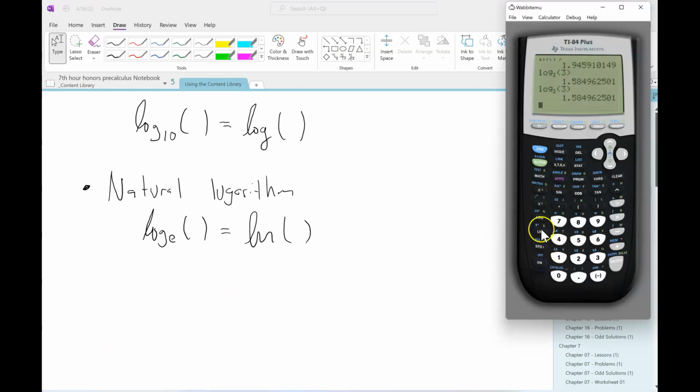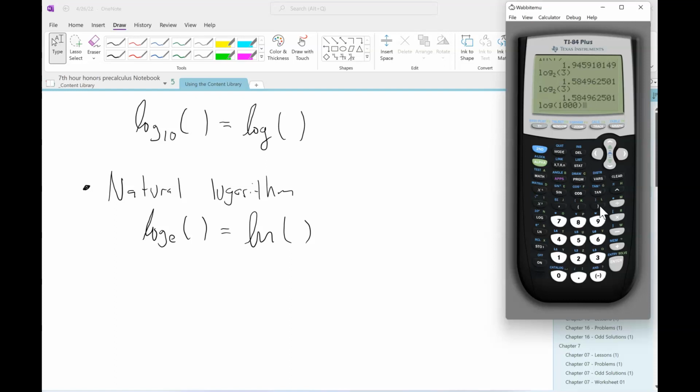I want to point out to you that your calculator has built-in buttons specifically for the common log and the natural log. So if I wanted to do the common log of 1,000, well, that's actually a mental math problem. What's the common log of 1,000? A 1,000 is 10 to the third, right?